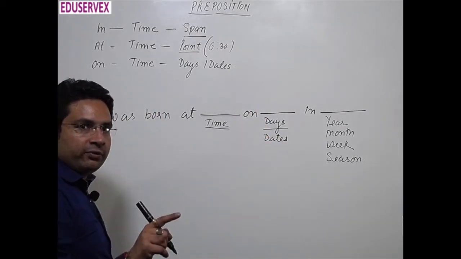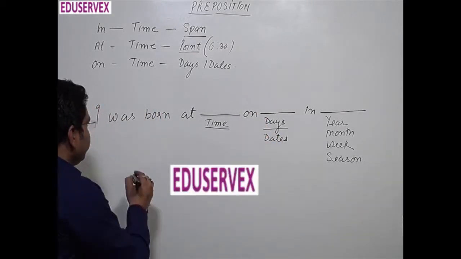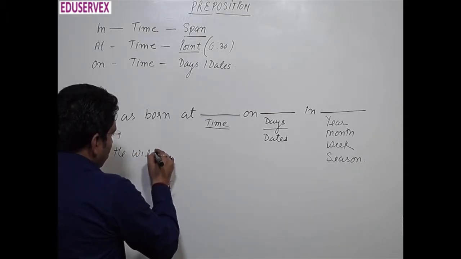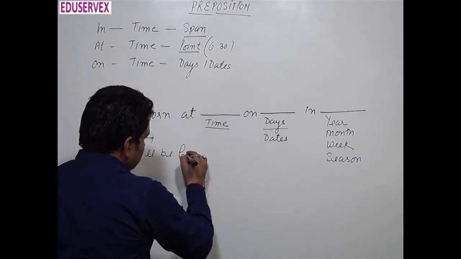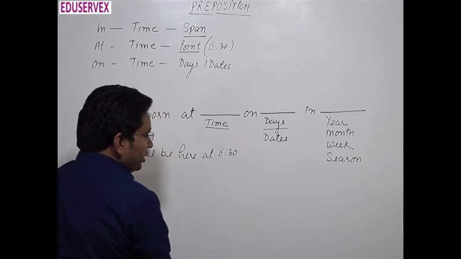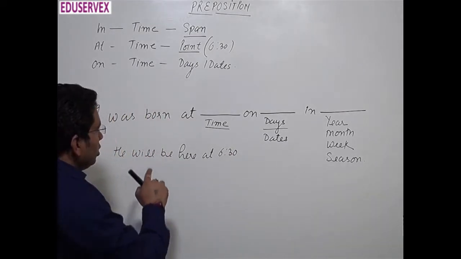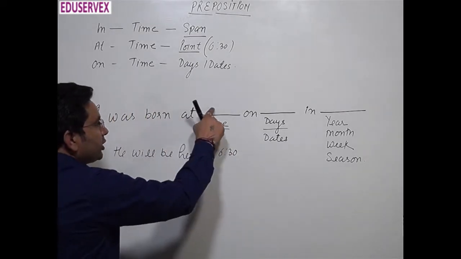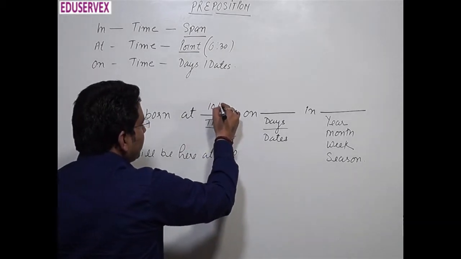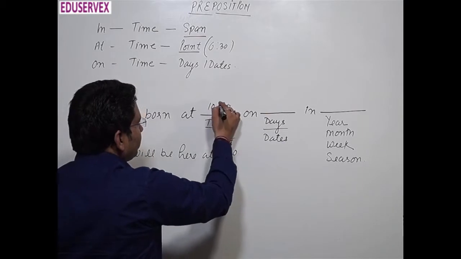And now I will give you individual examples, like he will be here at 6:30. It's okay. So he was born at 10:30. Like we can fill here, he was born at 10:30. That's okay.